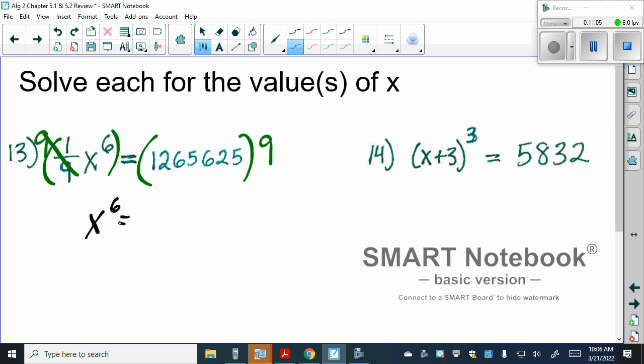We have x to the 6 is equal to 5 carry the 4, 18. 2 carry the 2. 54, 56, 45, 50. 9, 5, 18, and 20. 11,390,625.